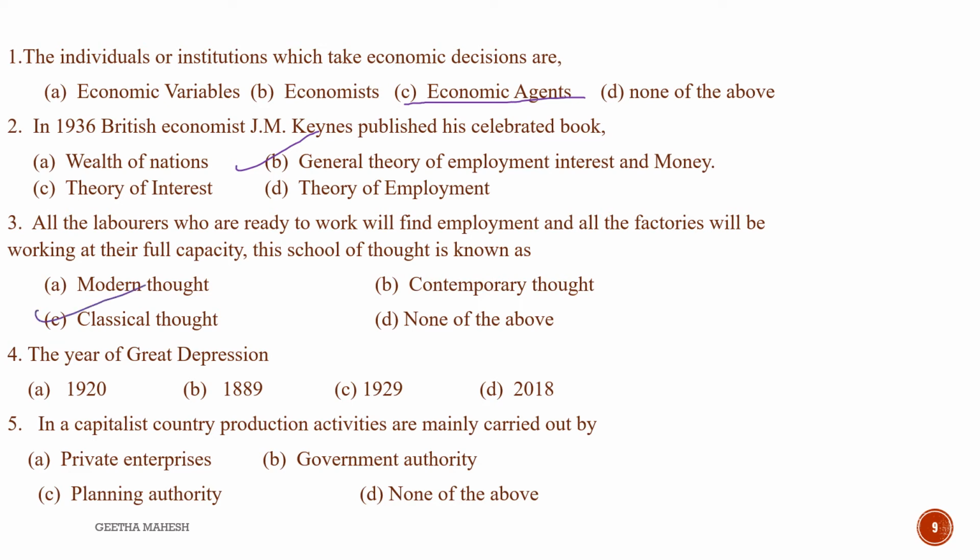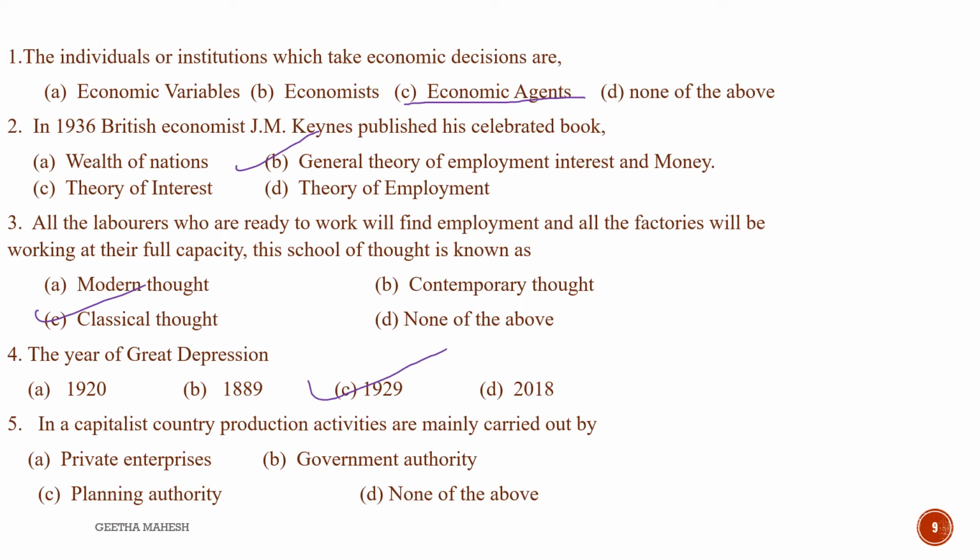It is classical thoughts. The year of Great Depression: 1920, 1889, 1929, 2018. This is 1929. In a capitalist country, production activities are mainly carried out by private enterprises, government authorities, planning authority, none of the above.